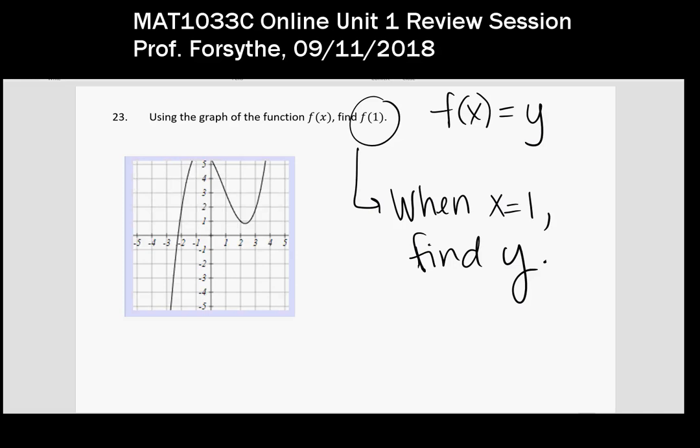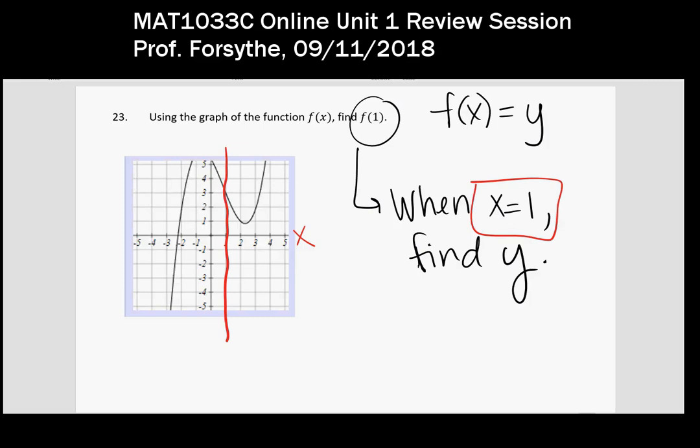So if we want to know on the graph, when x equals 1, find the y value, let's look at when x equals 1. So let's go to the x-axis, go to 1. I'm just going to draw x equals 1. That's supposed to be a straight line. I'm drawing the line because I want to make sure I don't miss anything. Sometimes your graph may end up crossing at more than one value.